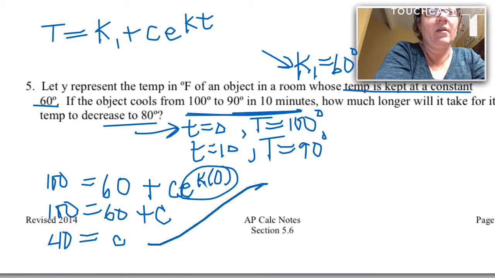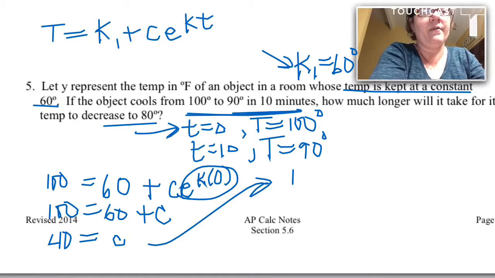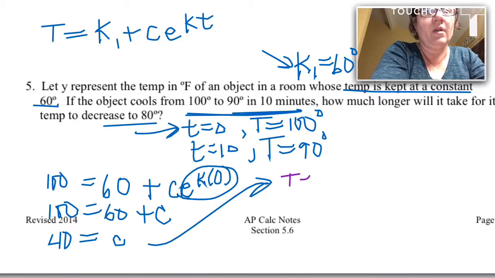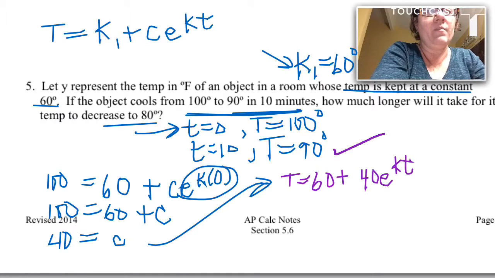And then once I plug that in, technically I have a new form of my equation, T equals 60 plus 40 e to the kt. And then I can use this second piece of info and plug that in.